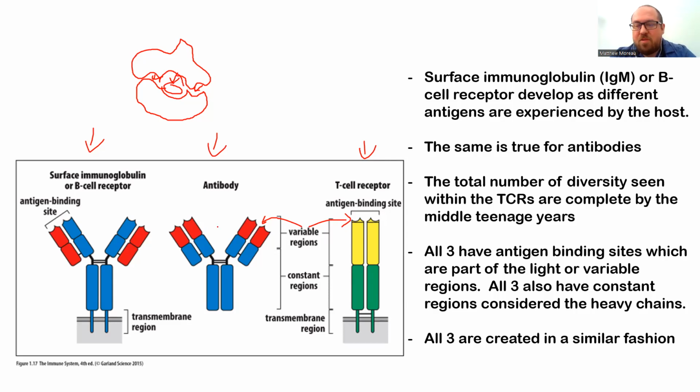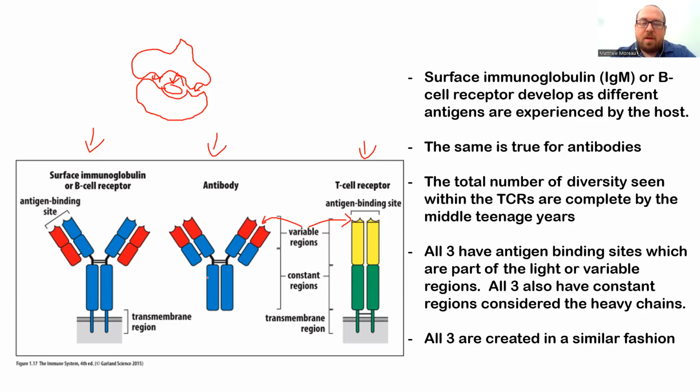These regions are called variable because each B cell and T cell in your body can recognize different epitopes, different amino acid chains that are presented by antigens. That's why they have to have a component of their protein complex which is variable, so that one can recognize one thing and a different one can recognize something different.